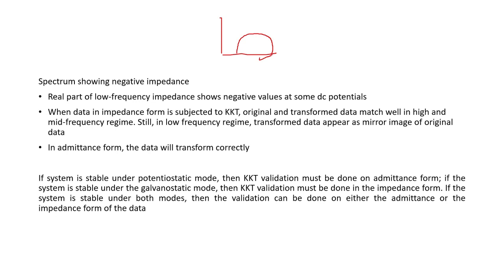It's not in the first quadrant, it is in the fourth quadrant. Sir had explained with a plot that when I do the KKT for this case, I will get a mirror image at low frequency, because it is going to negative resistance.